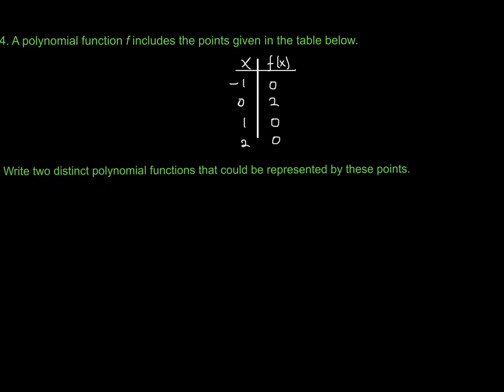So there are a couple ways to start off, and the first way is to identify the information that we know in relation to what we know we're going to need. If we want to write two polynomial functions, we know that we can represent a polynomial by its linear factors. We've seen that before.